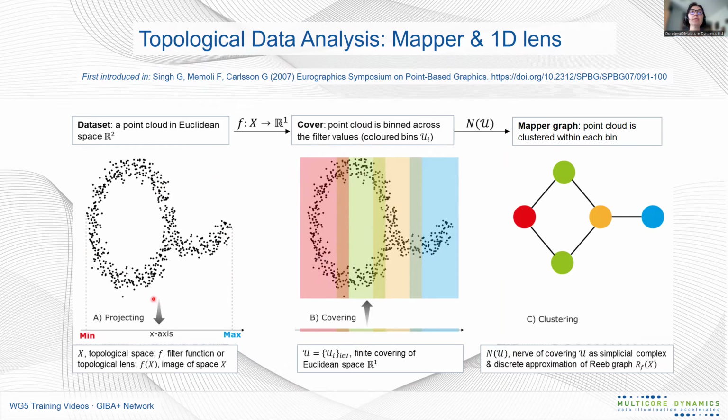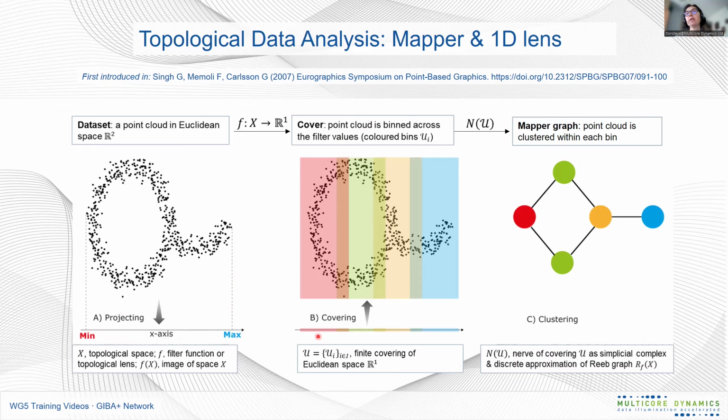For example, the distance of each point to the most left located point can be estimated and used to construct a one-dimensional topological lens or filter function with values ranging between min and max, as indicated with red and blue here.